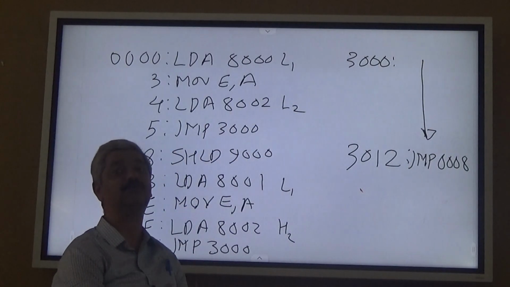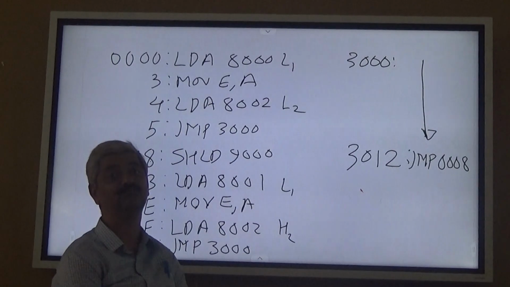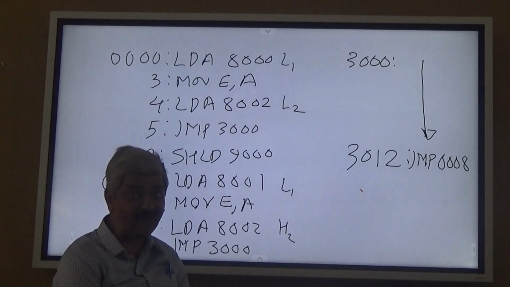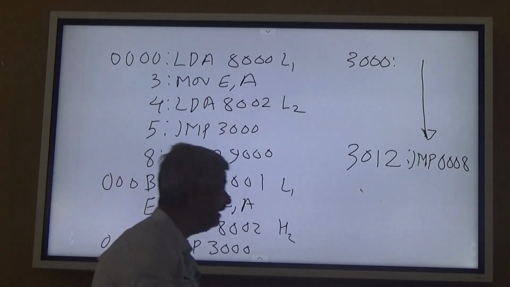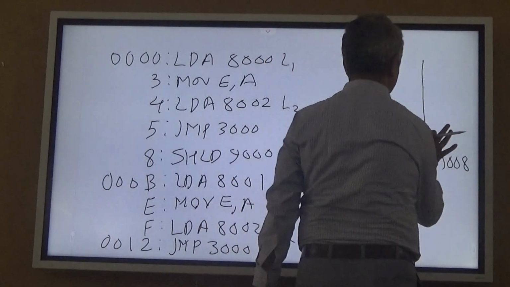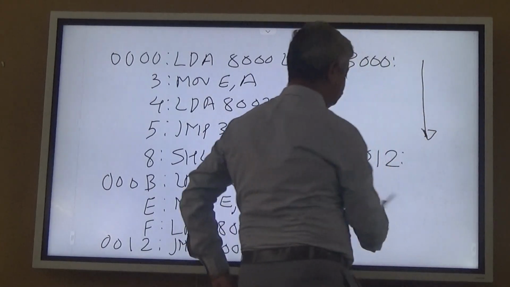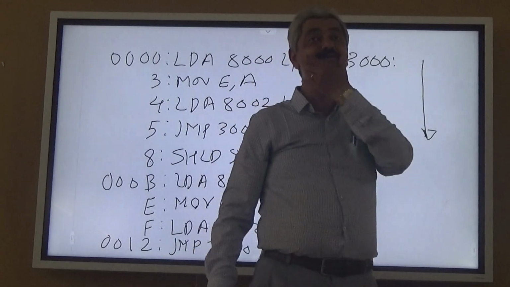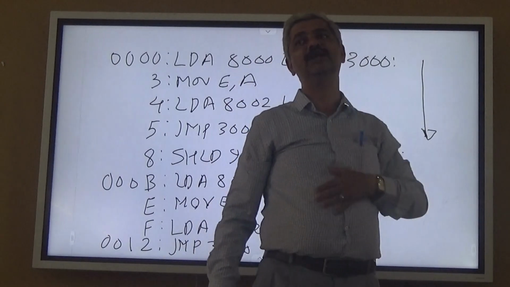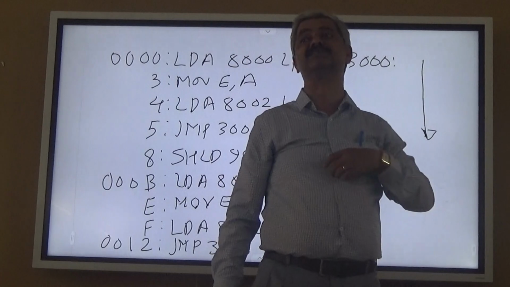So what we should have now, we must have a very different instruction. So the problem is, for branch we only know the jump instruction.